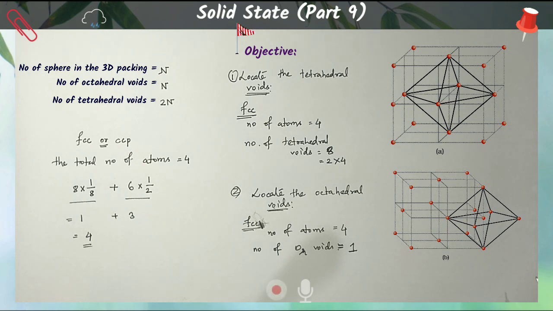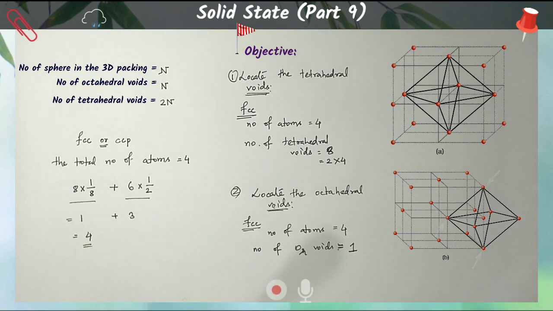If you consider just one edge, one octahedral void will be present at this edge. But in this octahedral void, only 3 atoms are contributed from this unit cell to form it, and the other 3 atoms come from the adjacent 2 unit cells. Understand?